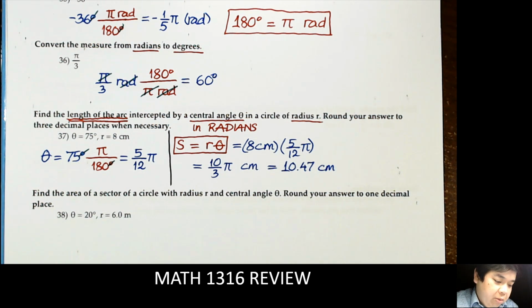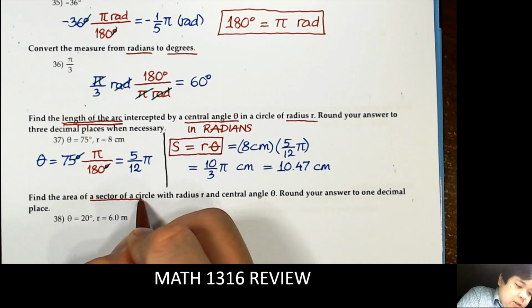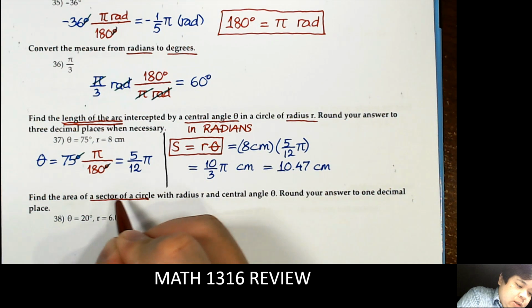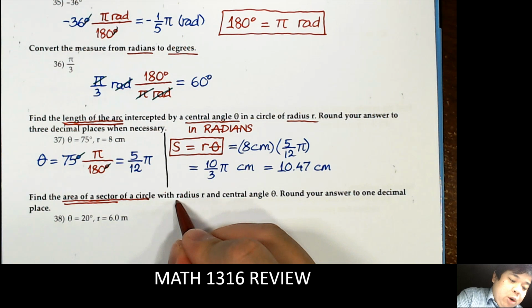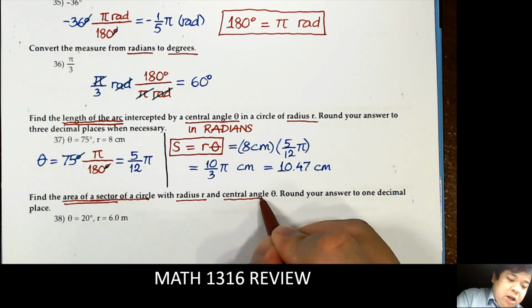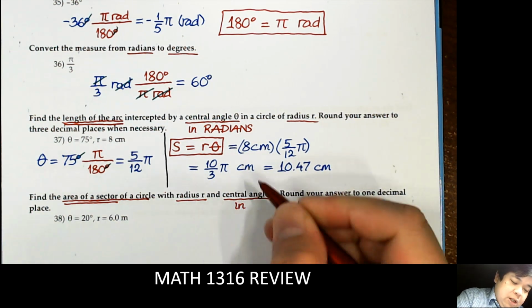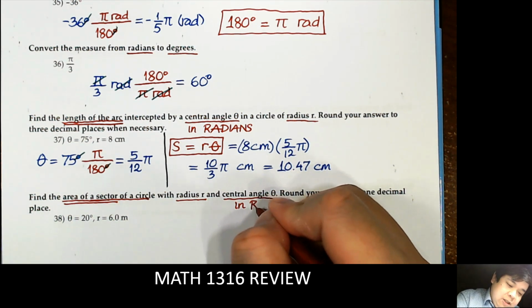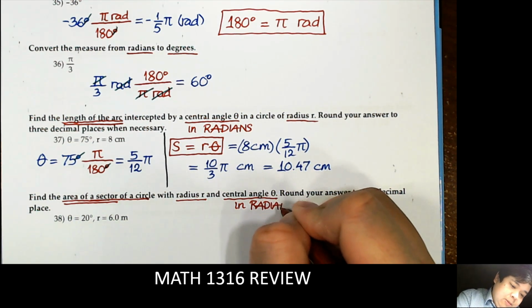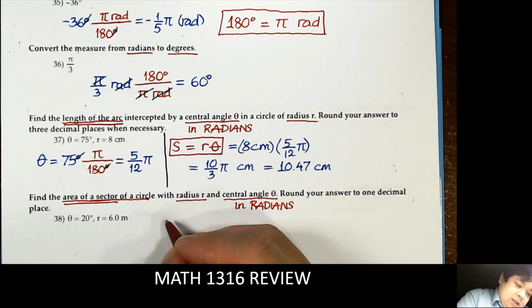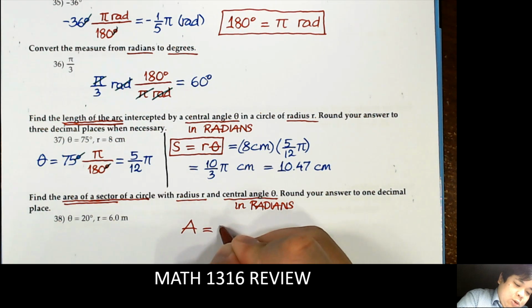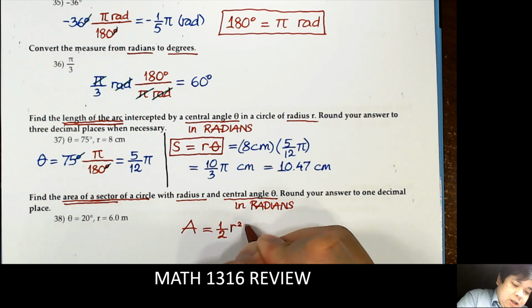Next we have the area of a sector. We still have the radius r and the central angle theta. As always, it will be in radians. And the area of the sector is equal to 1/2 r squared theta.